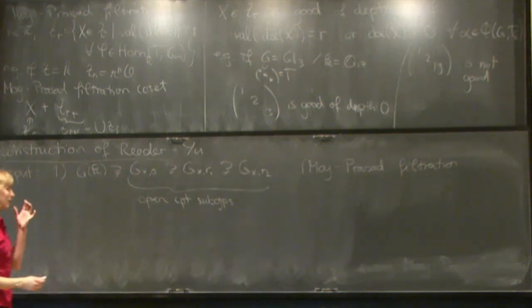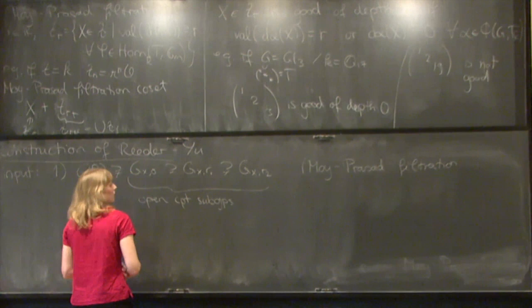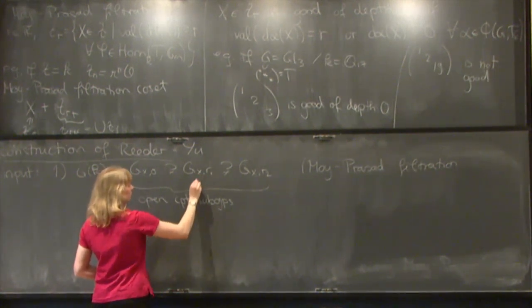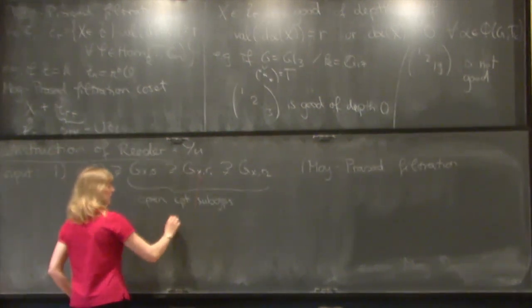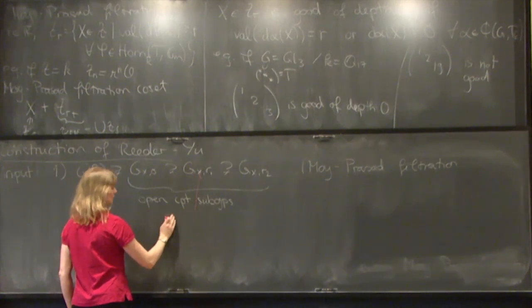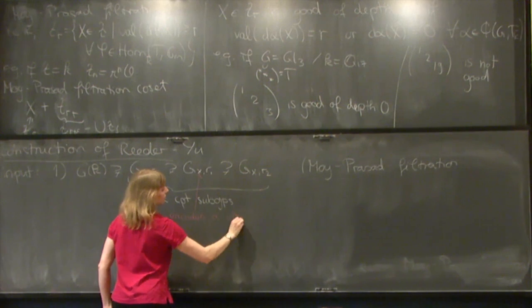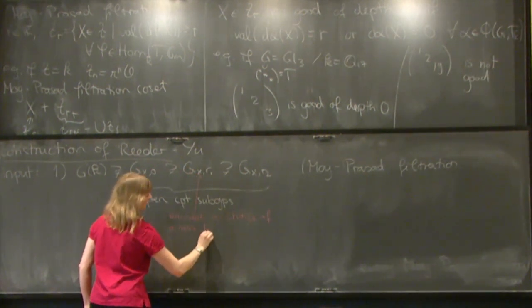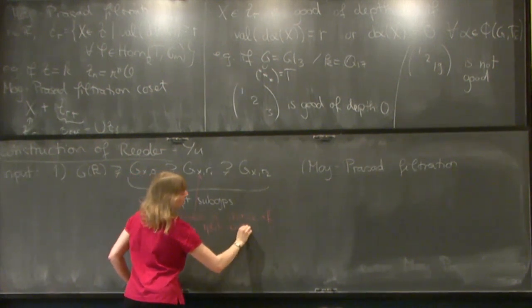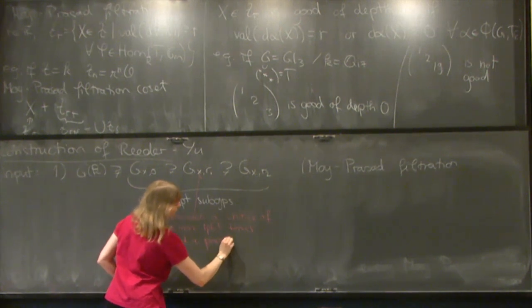So let me give you a quick idea of what this is if you haven't seen it before. The X here is a point in the building, in the p-adic building. All it does is encode a choice of a maximal split torus and a parametrization of root groups.